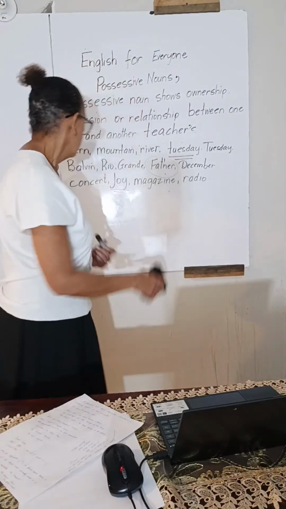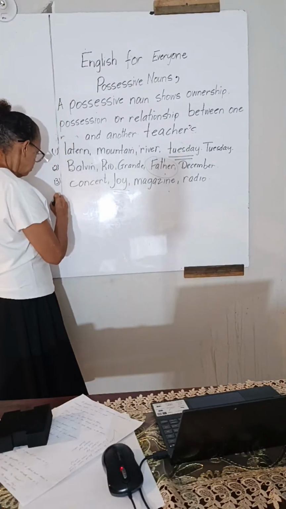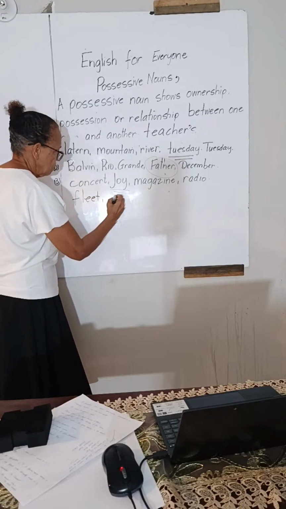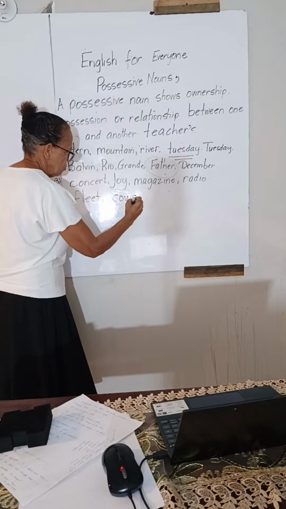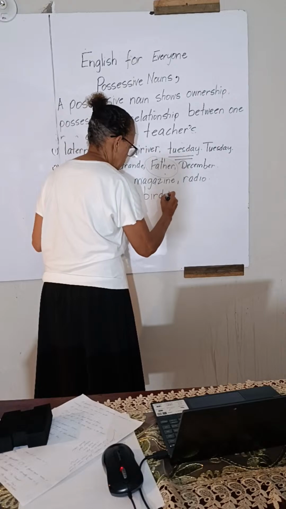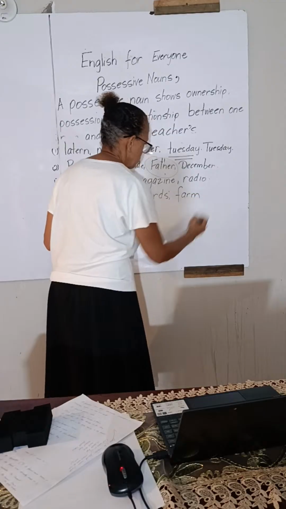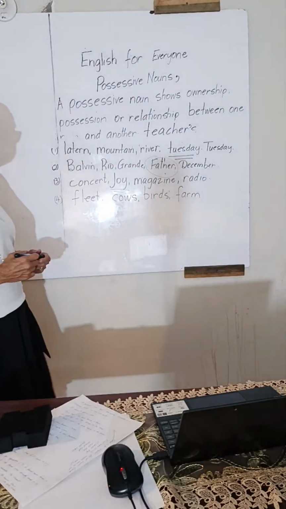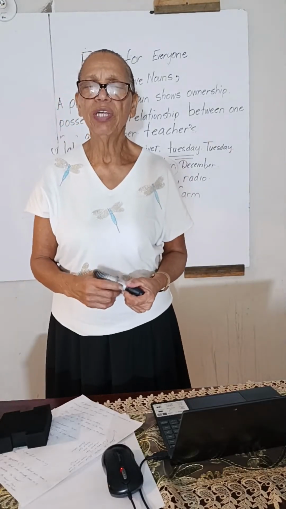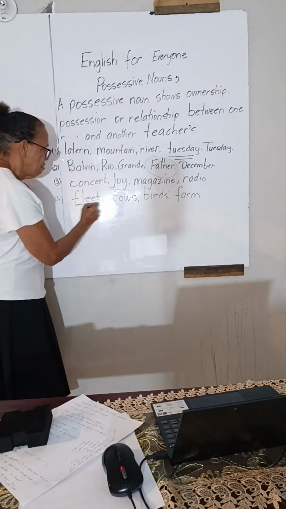Now, I'm going to write another set of words. I have fleet, cows, birds, farm. Which one is a collective noun? If you say fleet, you are correct.